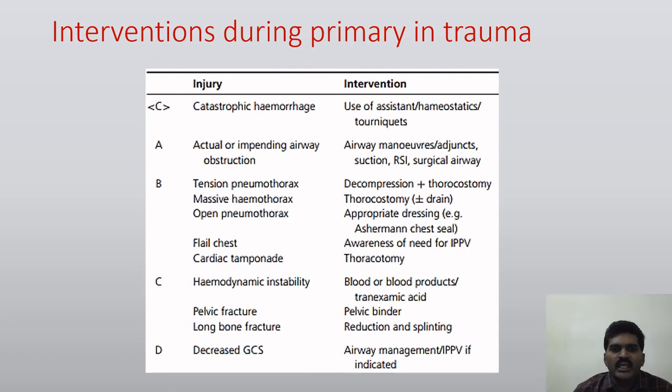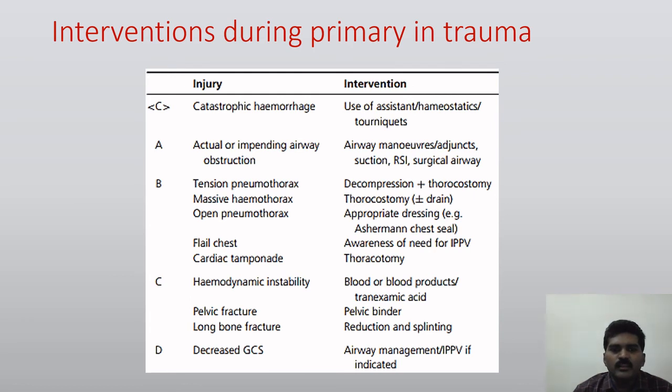If you find actual or impending airway obstruction, you perform airway maneuvers, which in this case is a jaw thrust maneuver. Use adjuncts like nasopharyngeal or oropharyngeal airways.